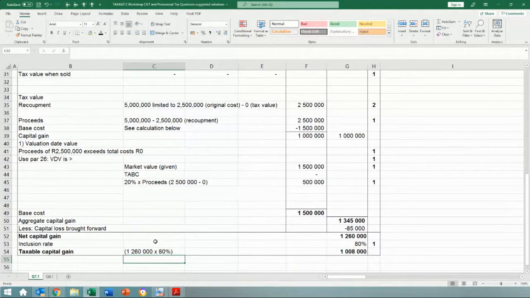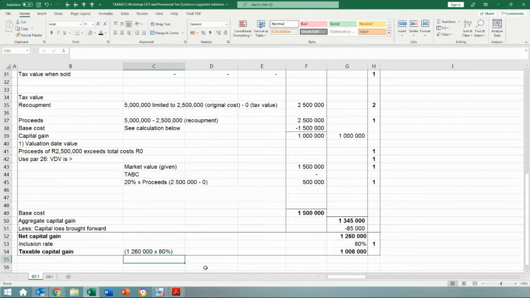Okay, before we move on to provisional tax calculation, do you guys have any questions on what we've done for the taxable capital gain? Are there any questions so far?